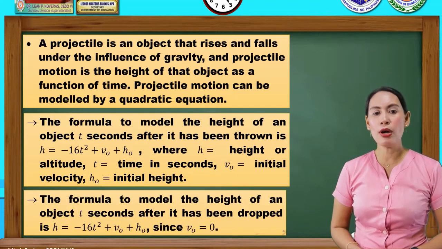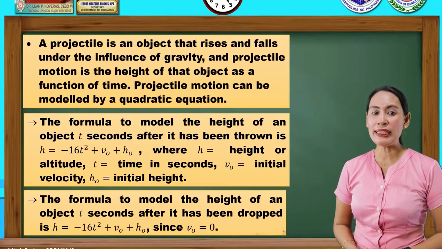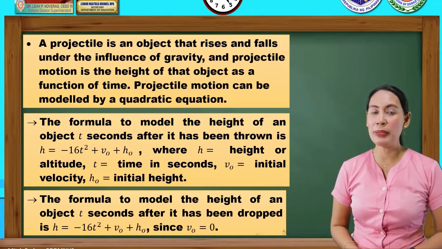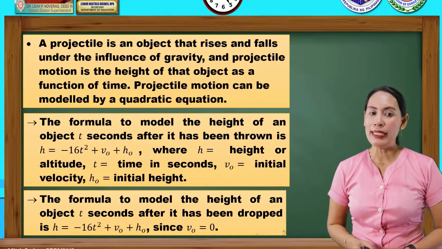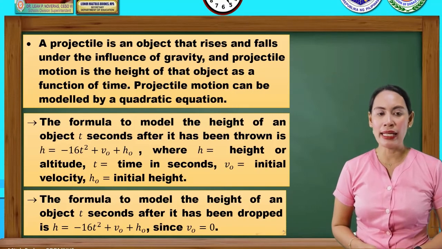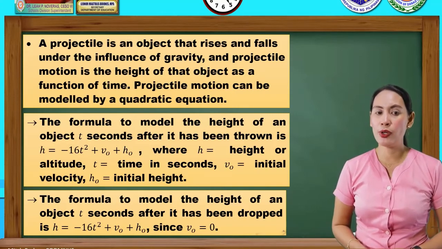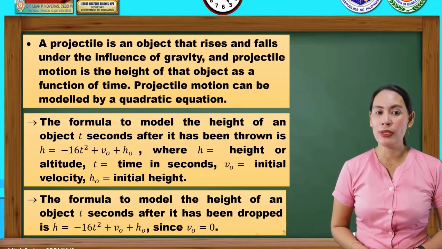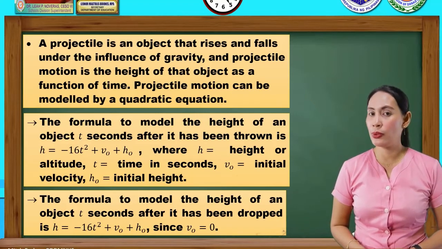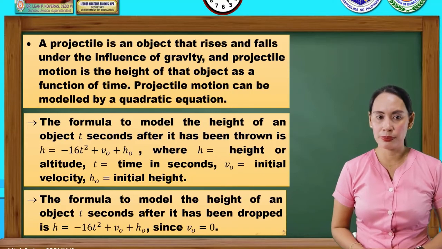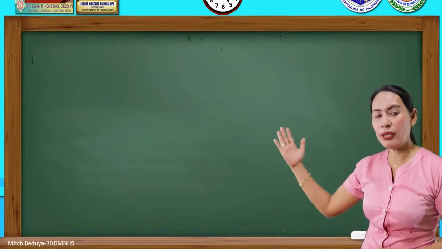The formula to model the height of an object t seconds after it has been dropped is h equals negative 16t squared plus h sub 0, since v sub 0 is equal to 0. Okay, example.